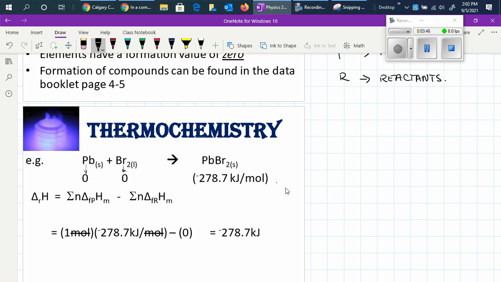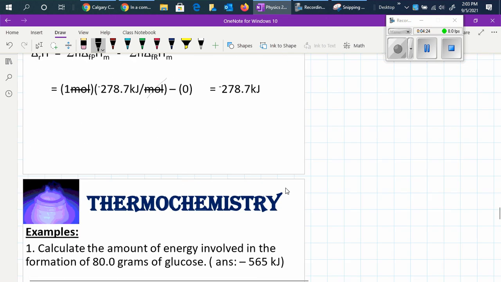So the enthalpy of the reaction will be the enthalpy of the products minus the enthalpy of the reactants. This is a balanced equation, so 1, 1, 1 are the coefficients. So 1 mole times negative 278.7 kilojoules per mole. Moles and moles cancel out, minus 0 plus 0, and will give us negative 278.7 kilojoules as the formation.